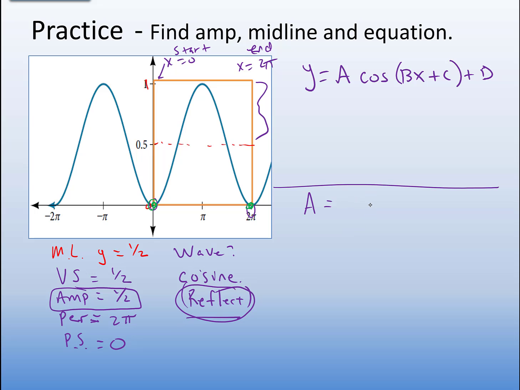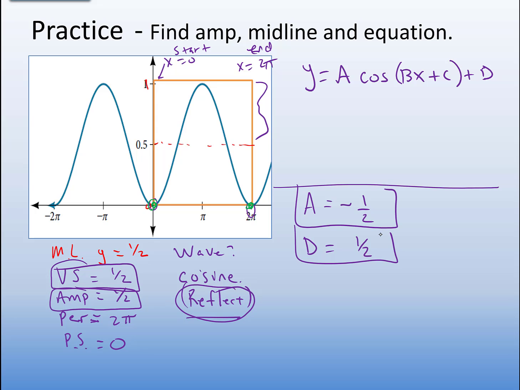That accounts for the reflection. So we'll use that in our equation. The vertical shift we have. Vertical shift is directly related to D. So D is 1/2. So we have 2 out of our 4 parameters all figured out.